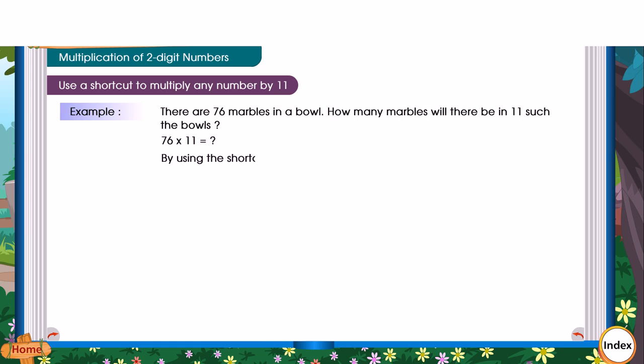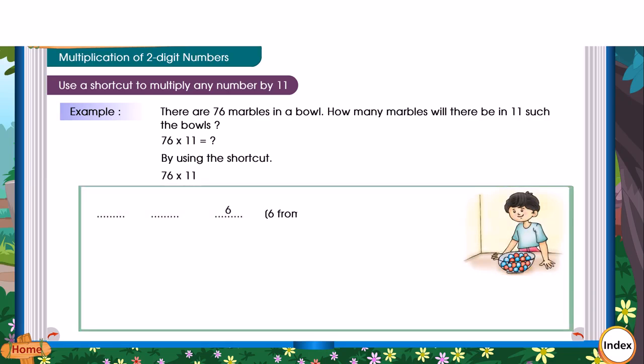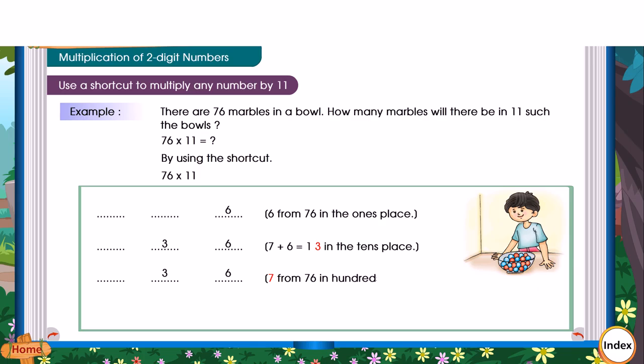By using the shortcut, 76 into 11. 6 from 76 in the ones place. 7 plus 6 is equal to 13. 3 in the tens place. 7 from 76 in the hundreds place. But 7 plus 1 is equal to 8. 76 into 11 is equal to 836. Answer: there will be 836 marbles in 11 bowls.